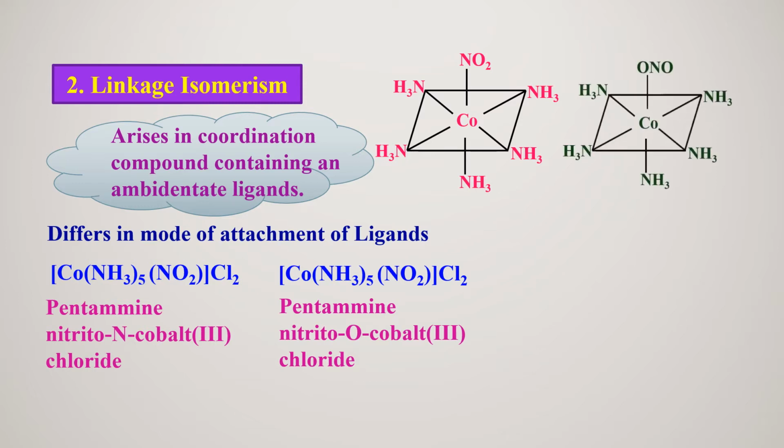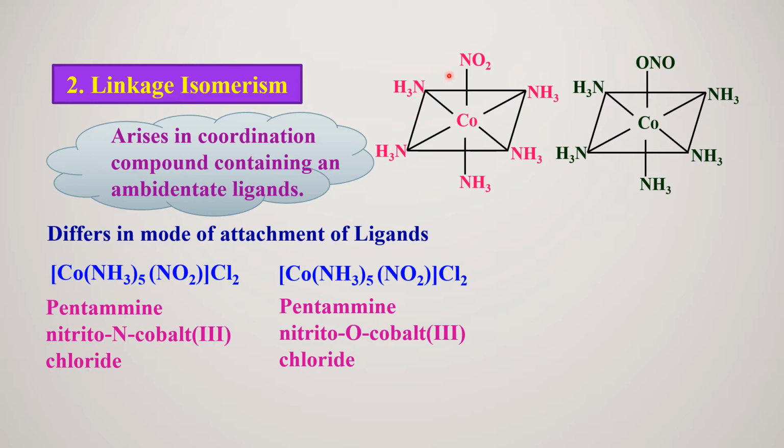Now if you see the structure of both cases, here cobalt is directly attached to nitrogen, here cobalt is attached to oxygen. They differ only in the linkage, but the molecular formula of both coordination compounds is the same. It arises when there is a presence of ambidentate ligand.